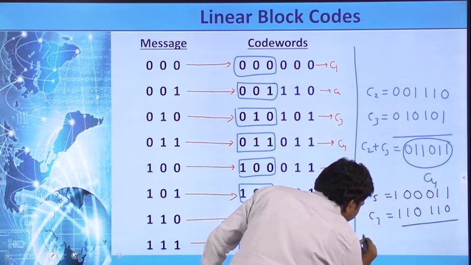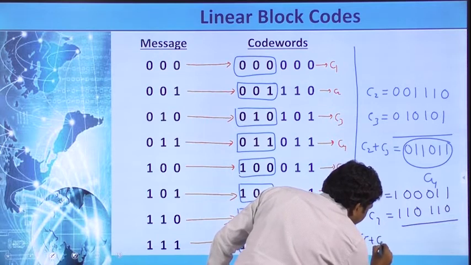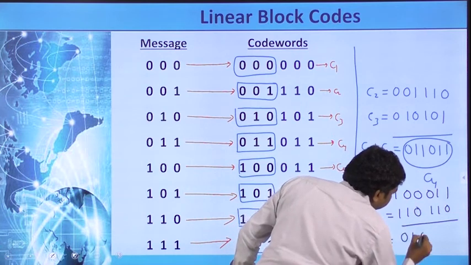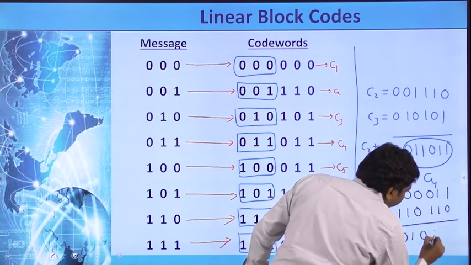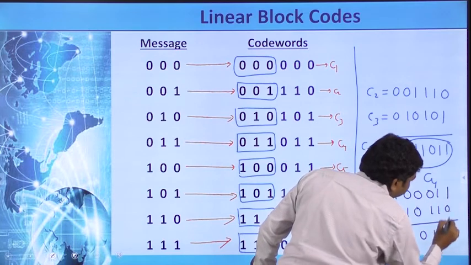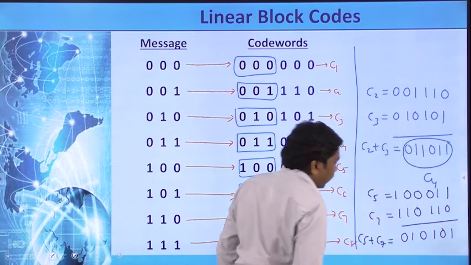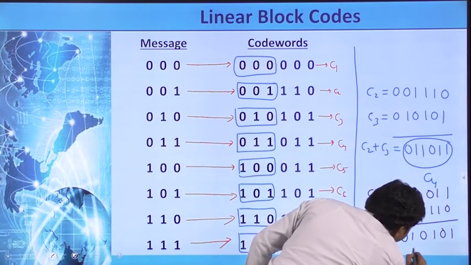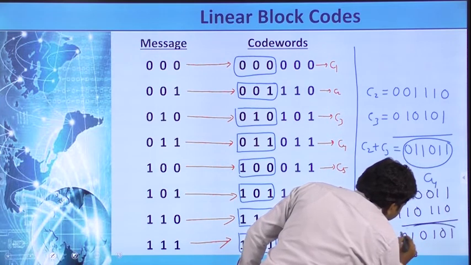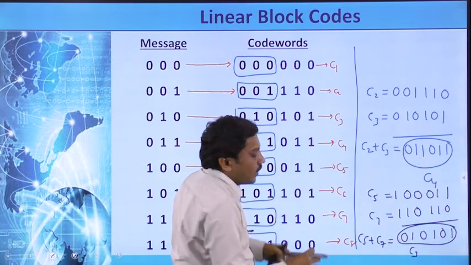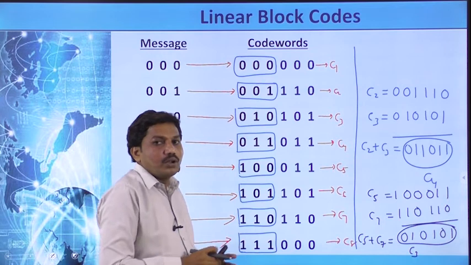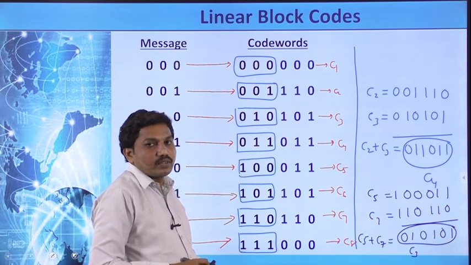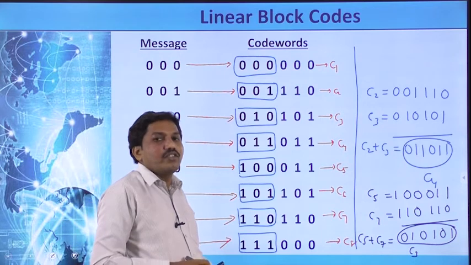If we add these two, that is C5 plus C7, it is 1 plus 1 is 0, 0 plus 1 is 1, 0 plus 0 is 0, 0 plus 1 is 1, 1 plus 1 is 0, 1 plus 0 is 1. Look carefully, this is nothing but C3. That means if we add any two code words in the code, it produces another code word in this code. So the linearity property is also verified.